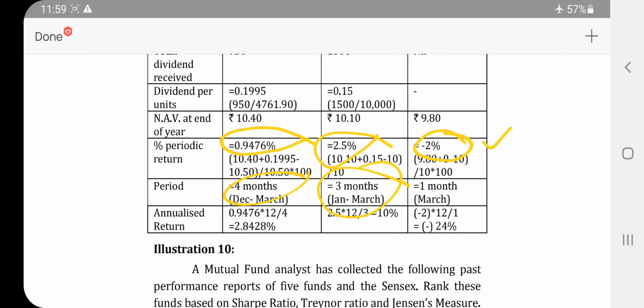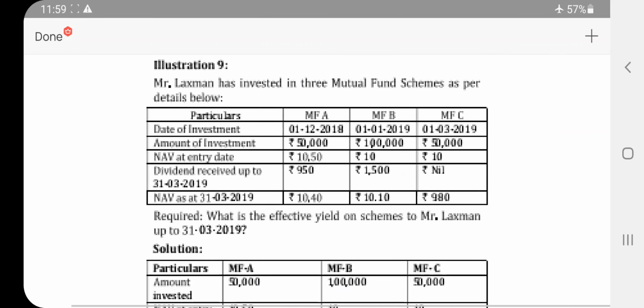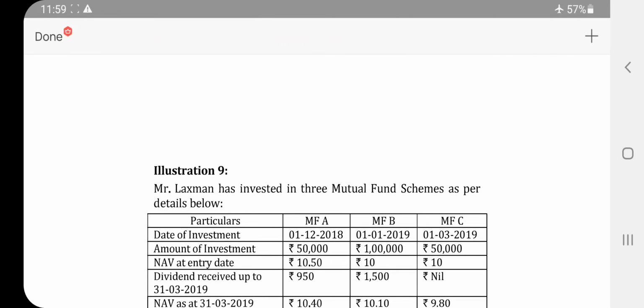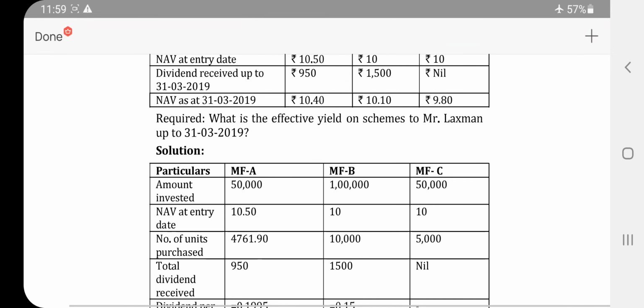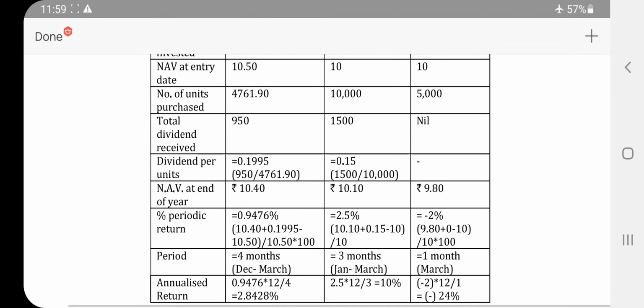So this is exactly how he can get an annualized return with different aspects, where the date of investment is different, considering NAV at the entry date as well as the closing date.